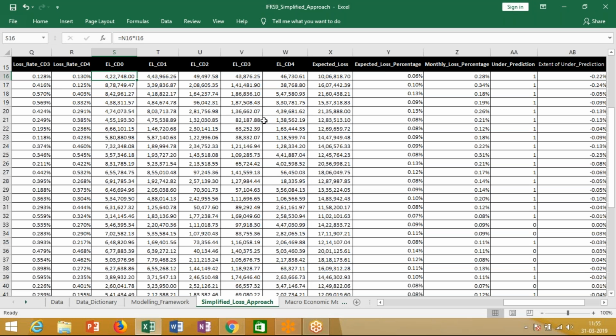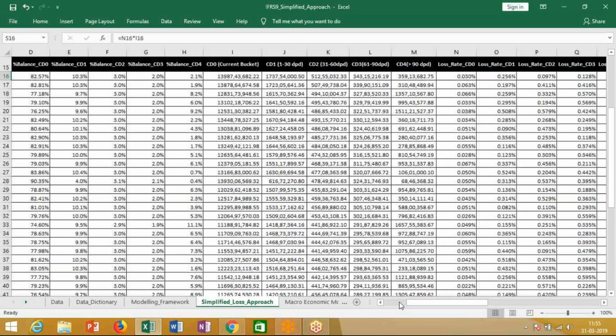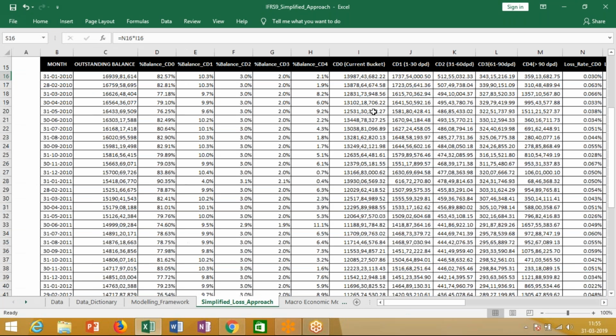But these values must be multiplied by one single constant for a portfolio, and that is the reason why we need a representative loss rate figure. So if I stand today and I know this is the flow rate in the next 12 months, and this is the flow rate over the lifetime, I'll just multiply my present balance by the flow rate, and I'll get the amount that can go into impairment in the next 12 months or may end up with a lifetime impairment. So that's the way this distribution is created over here, right?